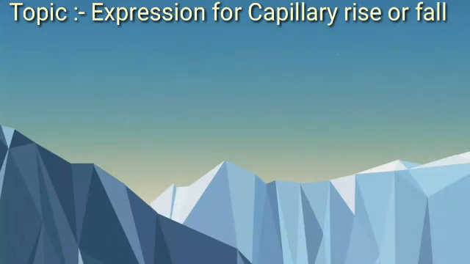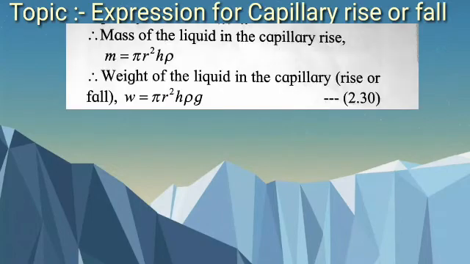Let V be the volume of the liquid column of height h. Ignoring the liquid in the concave meniscus, the volume of the liquid in the capillary rise is capital V is equal to pi r square h. Let m be the mass of the liquid column inside the capillary and rho is the density of the liquid.